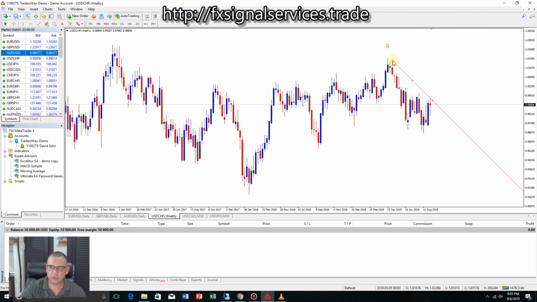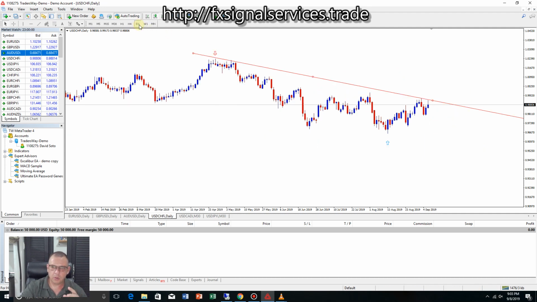I probably could draw it like that maybe, but either way, this is definitely going to be a downtrend. So more than likely, I would expect this to be going down this coming week.